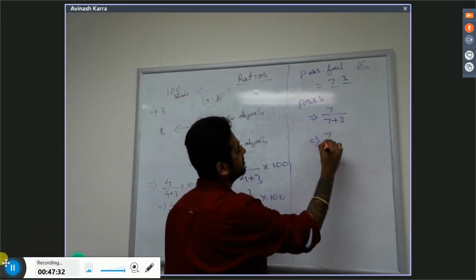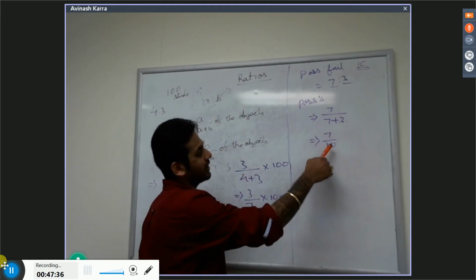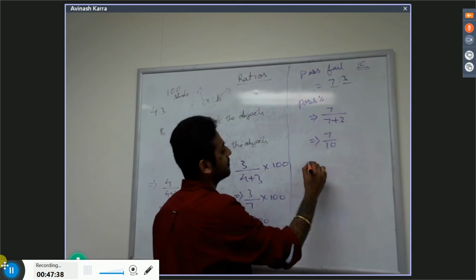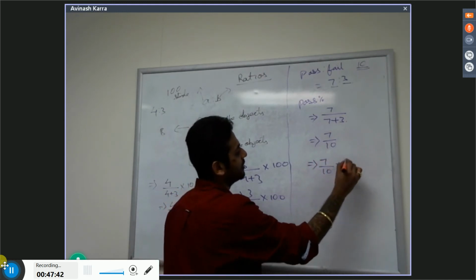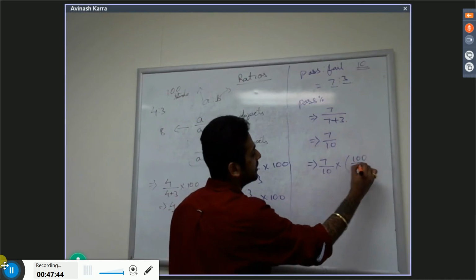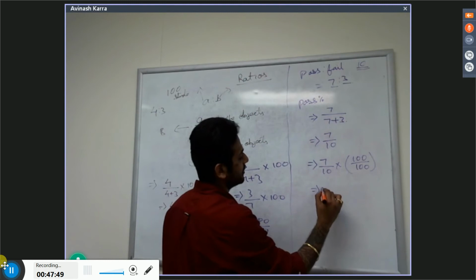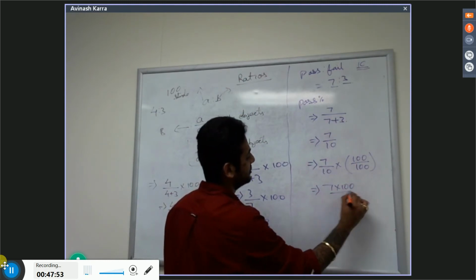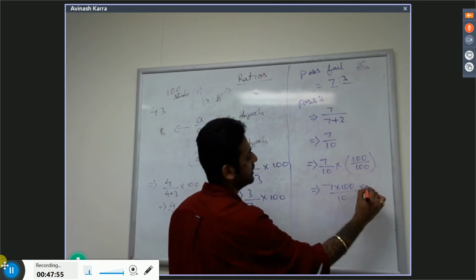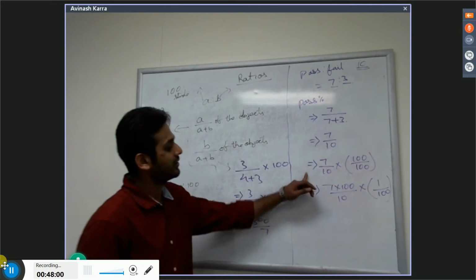So it becomes 7 by 10. If I want to convert this fraction into a percentage, 7 by 10 into 100 by 100. So 7 into 100 by 1 by 100. Did you understand this step?